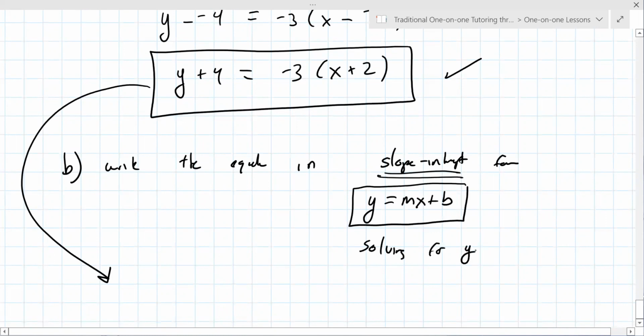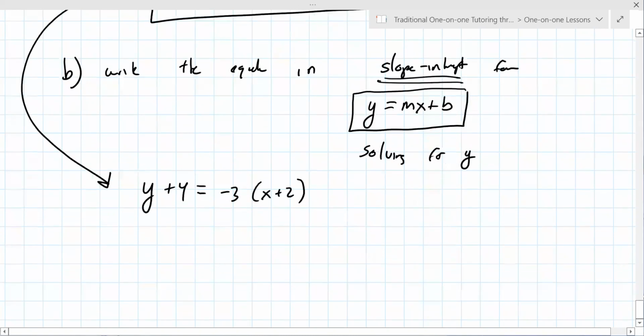That was the second half of our lesson. We took that y plus 4 equals minus 3 times x plus 2. Do you remember the first thing that we did to solve for y? We subtracted. Nope. Oh, yeah, distribute.